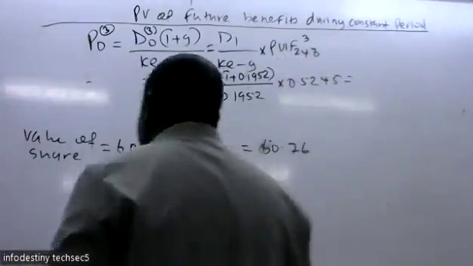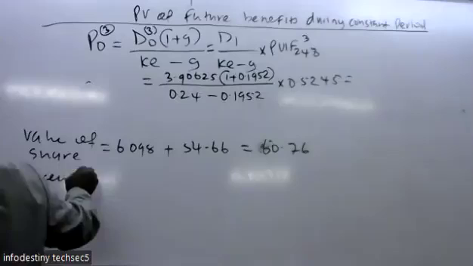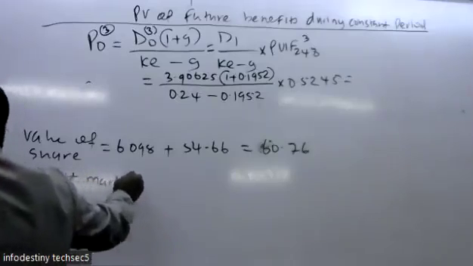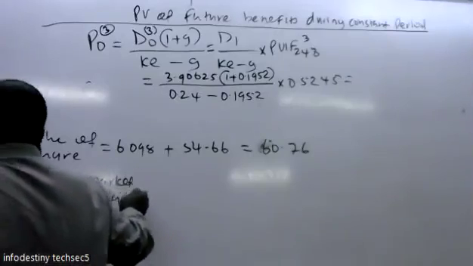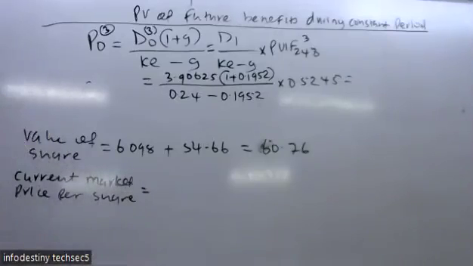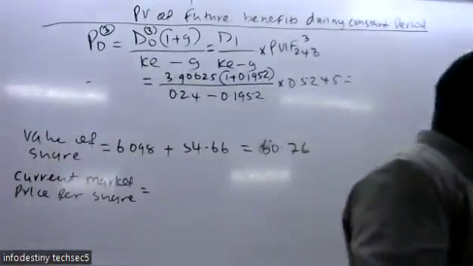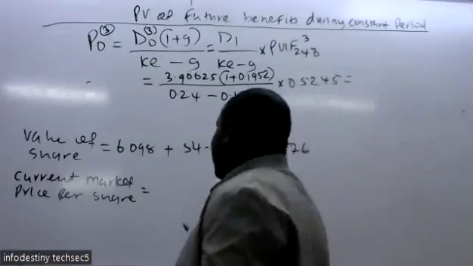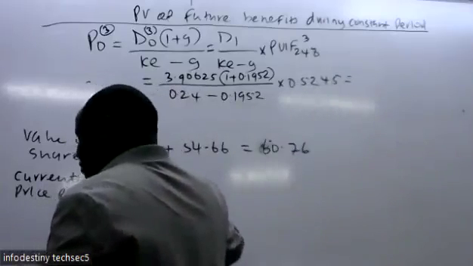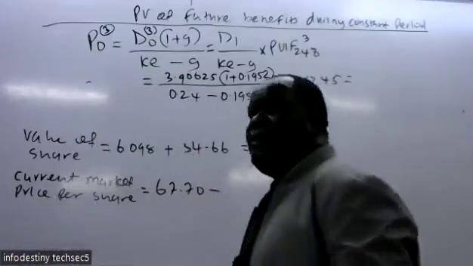So we compare that with the current market price per share, which was given in note number 5. The current market price of the ordinary share is how much? But it is cum dividend. We subtract the dividend on it to get the ex dividend price. We normally use ex dividend.